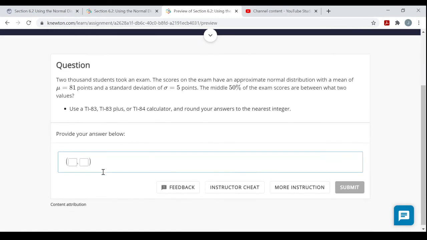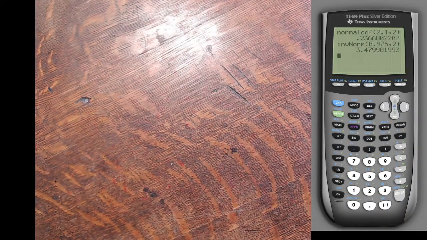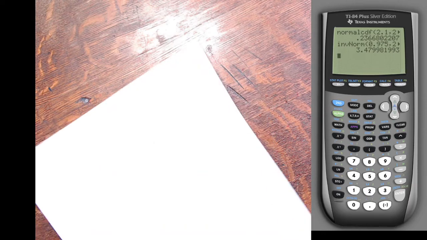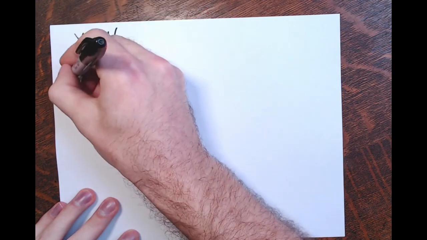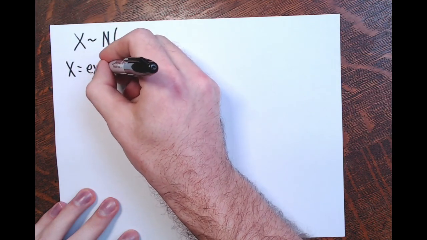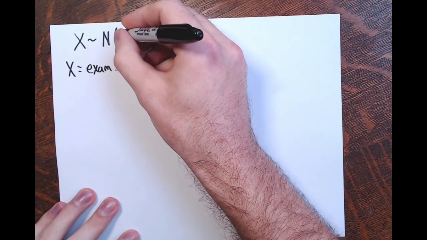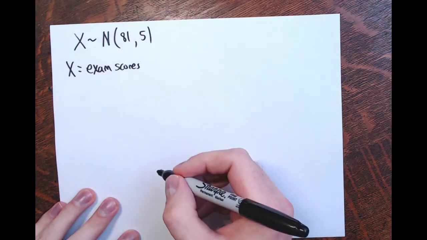I will draw this because it's a little different. It's not area to the right or to the left, it's area between, the middle 50%. So on a piece of paper again, I'm going to use some symmetry here. Again, it's not the standard normal, so I'm not calling it z, I call it x. X is normally distributed, and x is these exam scores, normally distributed with a mean of 81 points and a standard deviation of 5 points.